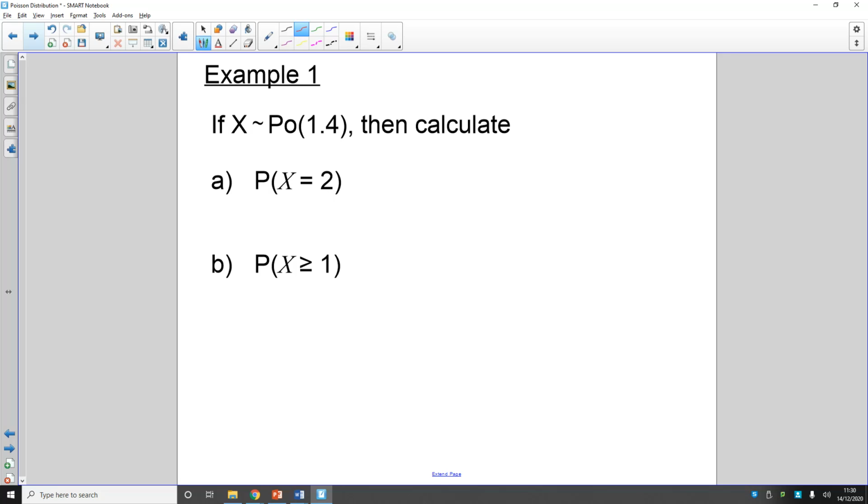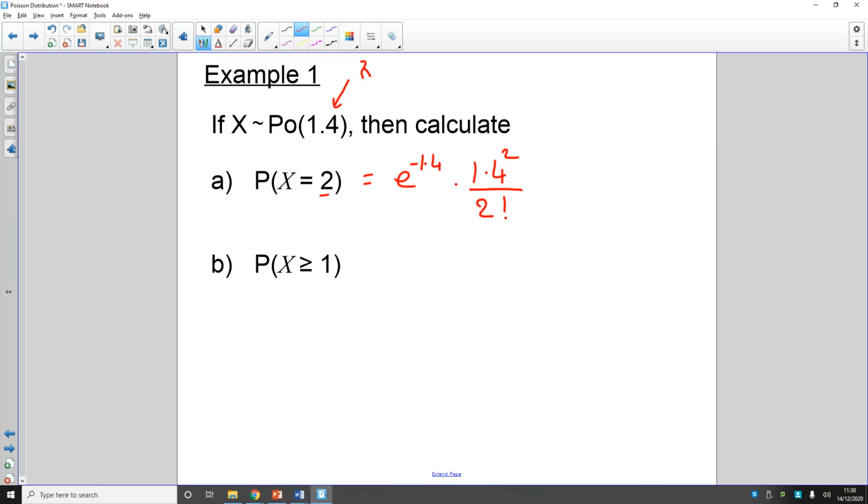Well, in this case, our parameter lambda is 1.4, and we substitute in the fact that x is 2. So we would have e to the minus 1.4 multiplied by 1.4 to the power of 2, all over 2 factorial.